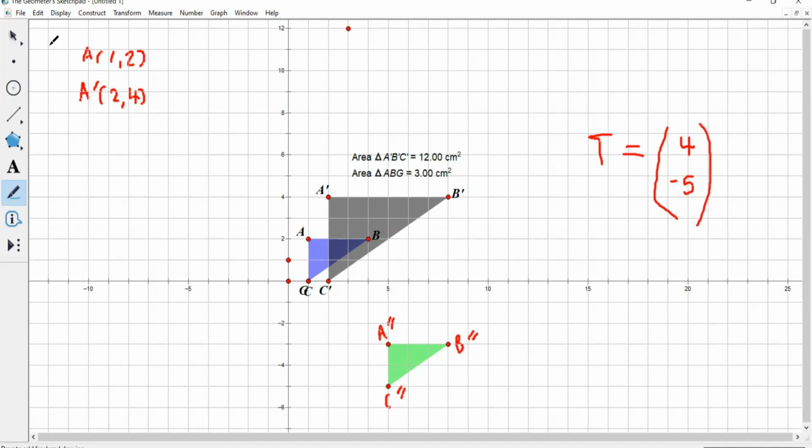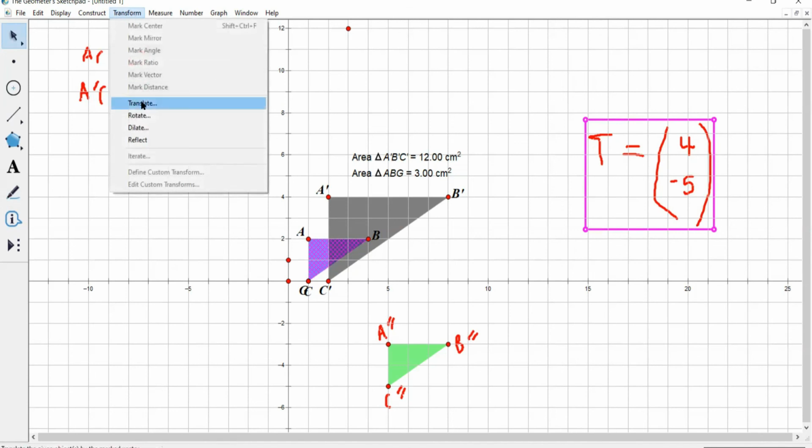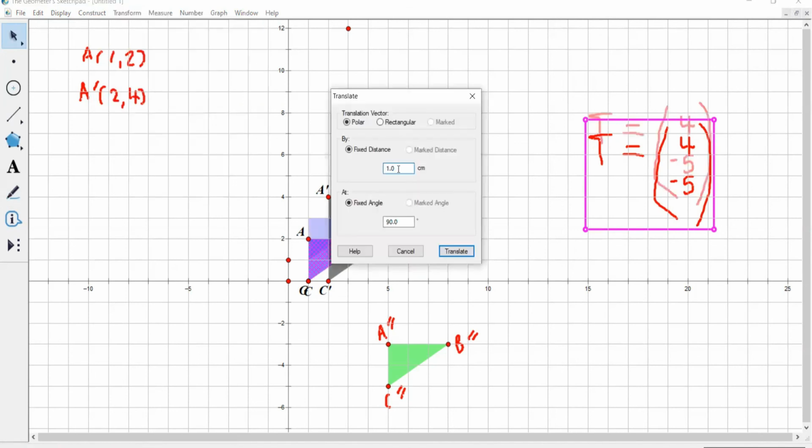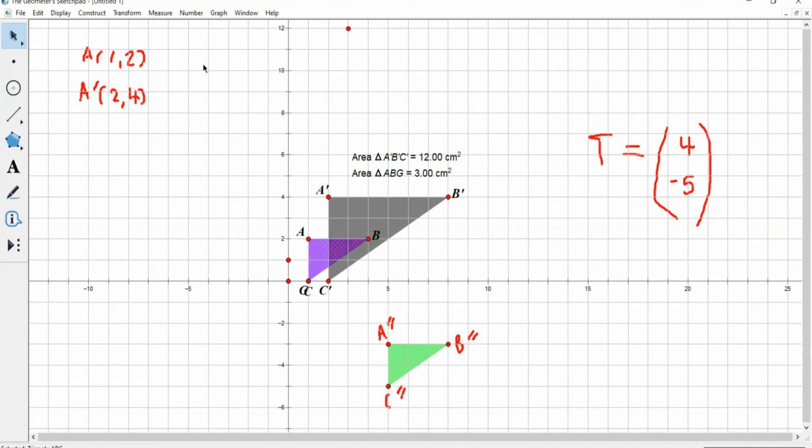If you don't believe me, look at this. I'm going to click on this triangle, go to transform, translate with a translation vector being 4. This is 4. And then this is minus 5. Oh, it's moving this. That's crazy. It's not what we want to translate. This is what we want to translate.